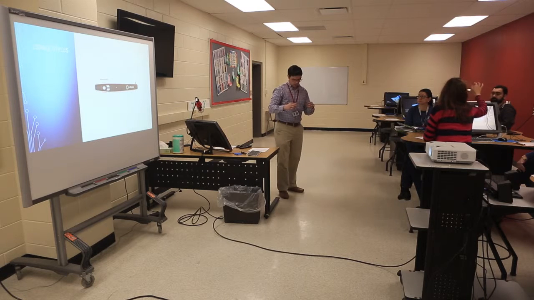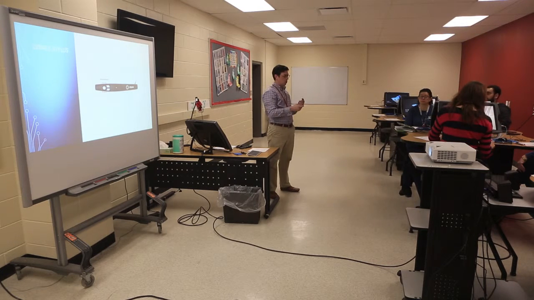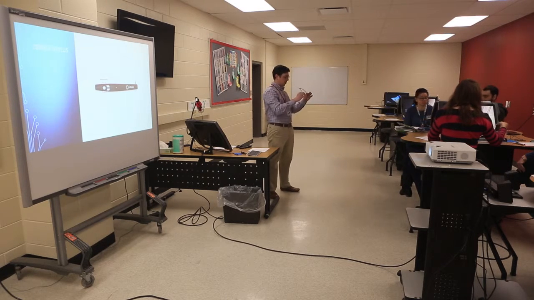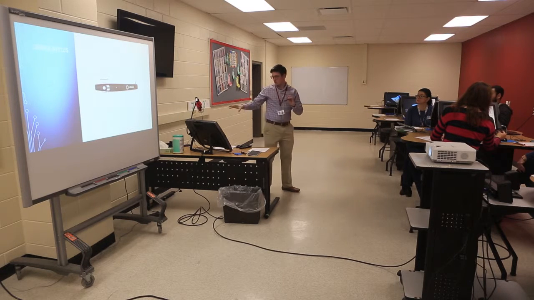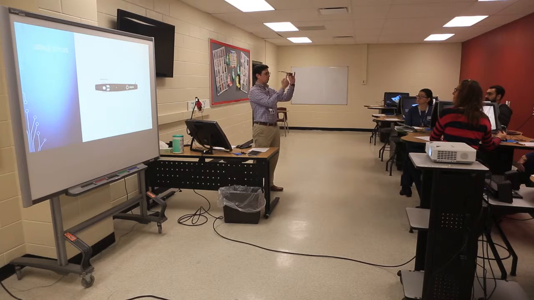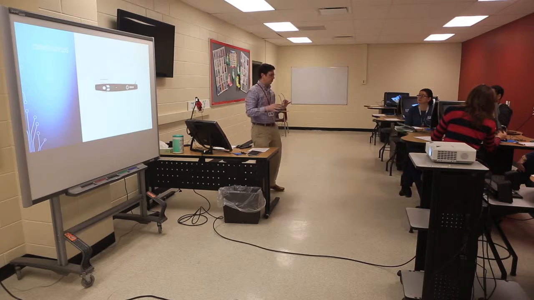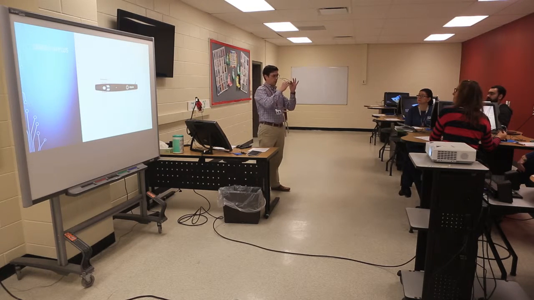One important thing to note is that whoever is in control of the stylus needs to have these glasses on, because these cameras pick up these little points on them. You'll see once we get into it, when you have them on and you turn your head and look up and down, it follows what you're doing.